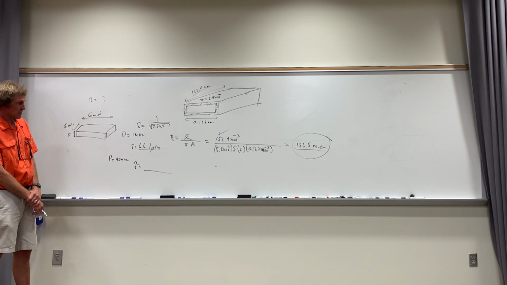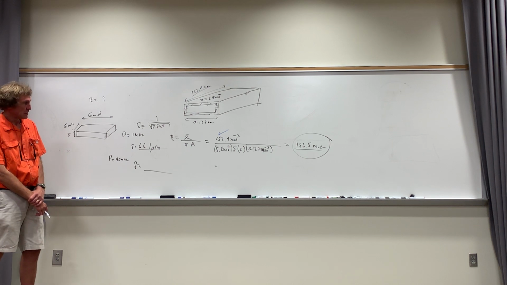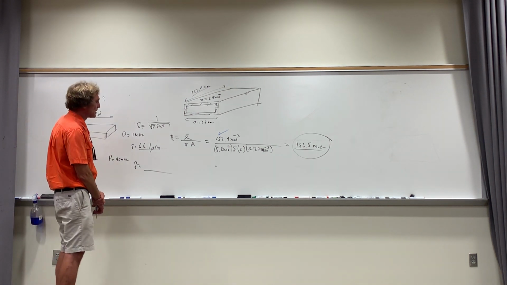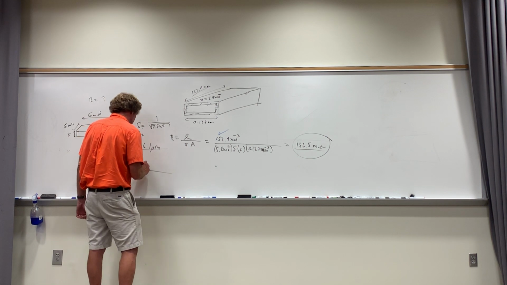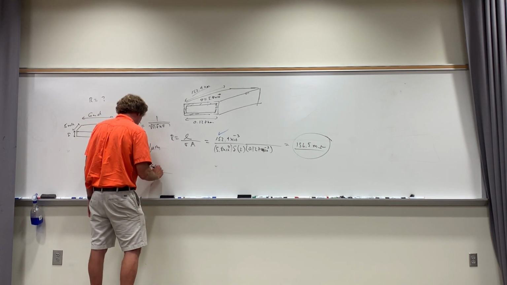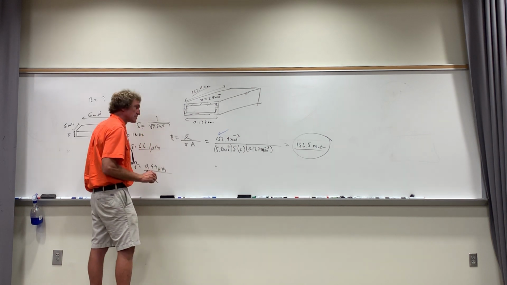It's the same formula. The only thing that you're gonna do is change the skin depth. I get 0.9899, so 0.99. 0.99 ohms.